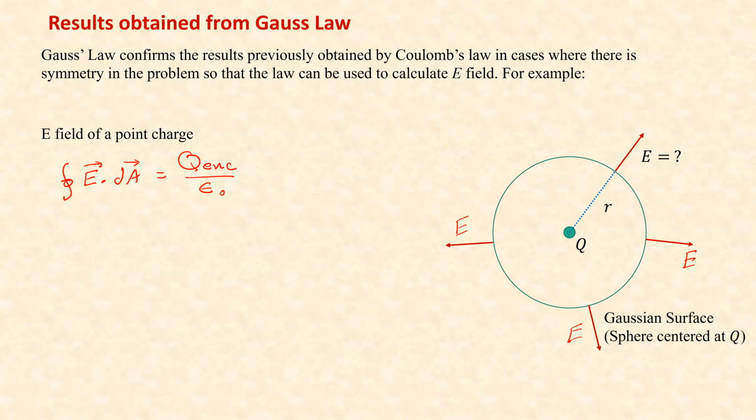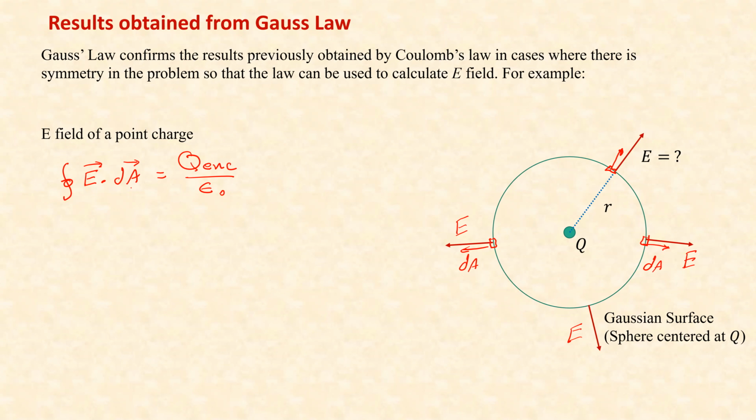Now we know that the electric field is the same everywhere on this sphere, and also is in the radial direction, therefore perpendicular to the surface. And dA is also perpendicular to the surface. Remember, dA is at any point perpendicular to the surface, so dA is in the same direction at any point as this electric field.